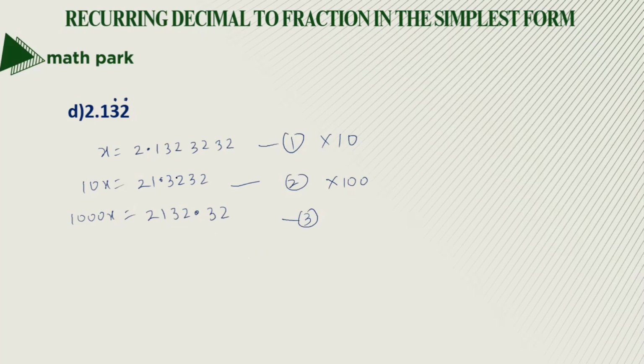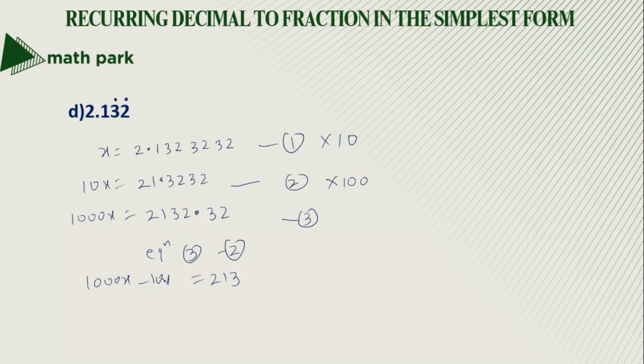So here, to get rid of the decimal, we can do the operation between equation 3 and 2. So we get equation number 3 minus 2, we get 1000x minus 10x is equal to 2132.32 minus 21.32.